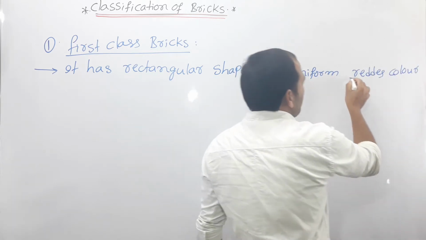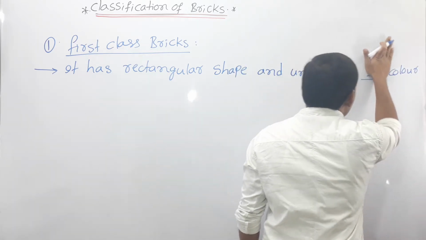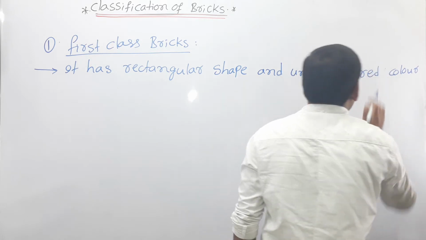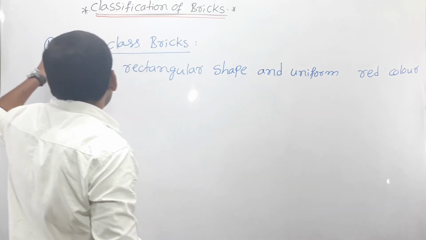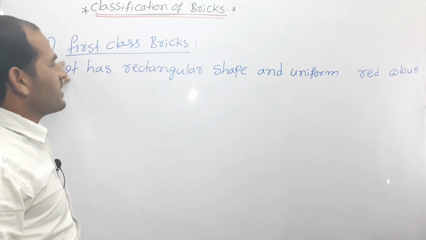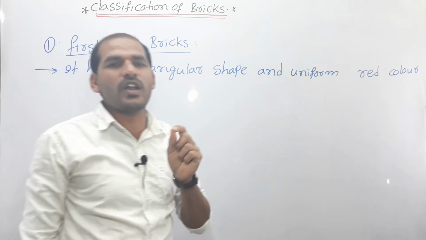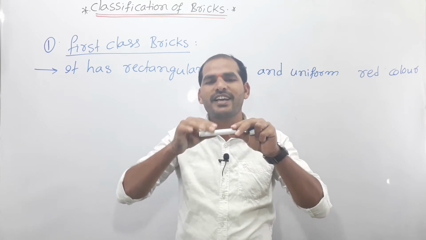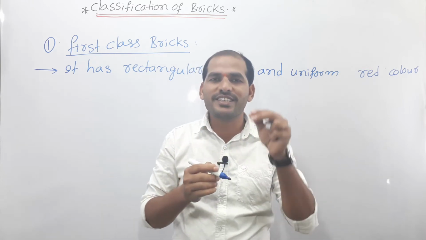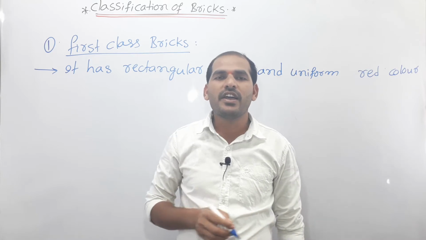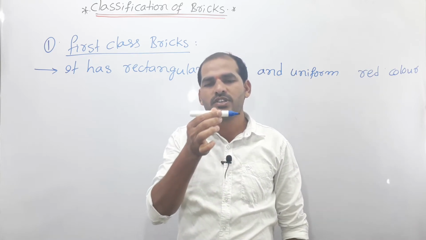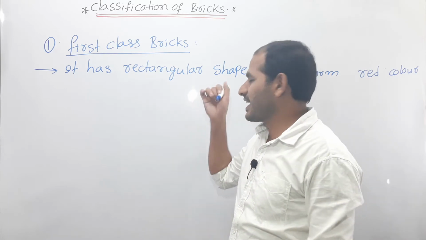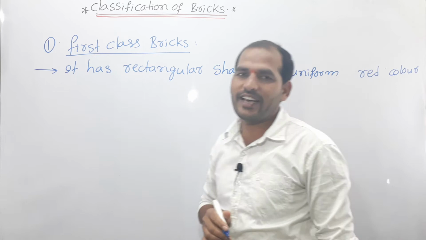Uniform reddish color means we say red color, uniform red color. If you see the first class bricks, they are exactly rectangular in shape with a uniform red color. The appearance of the brick is exactly red.